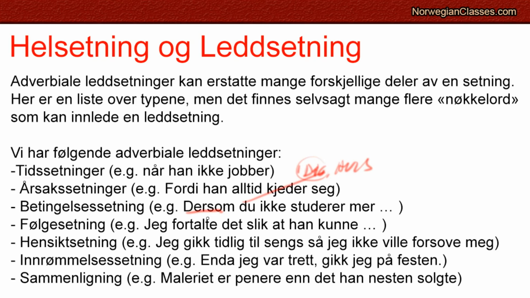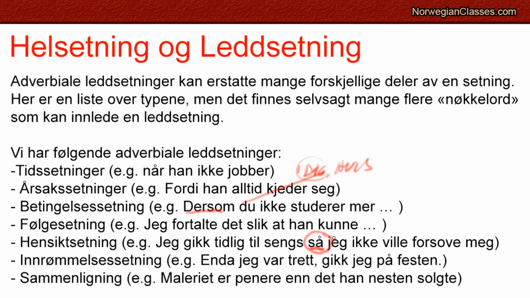As a consequence, så jeg fortalte det slik at han kunne, I told it so that he could. A reason for, purpose for something. So here you also see så, which makes it difficult, that's why I just give the rule of thumb.